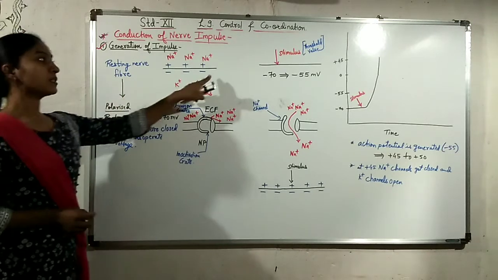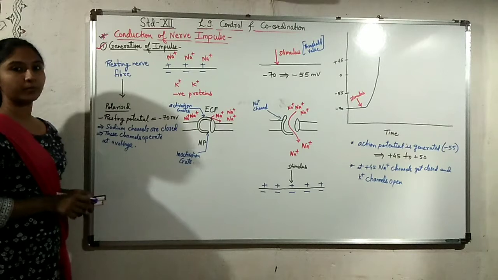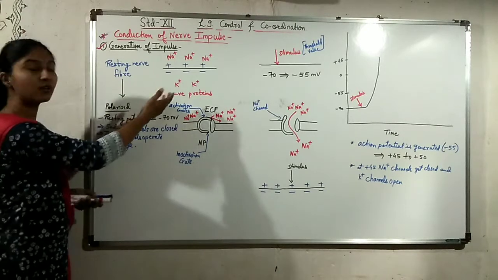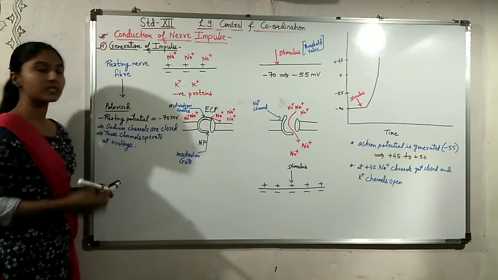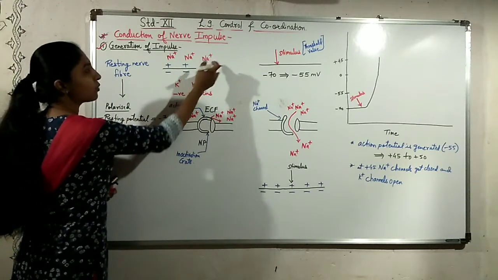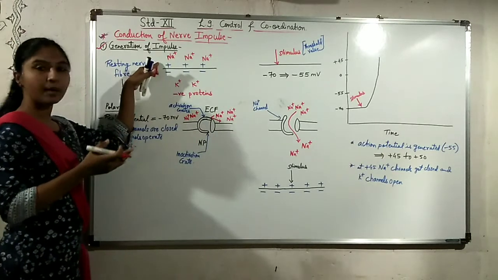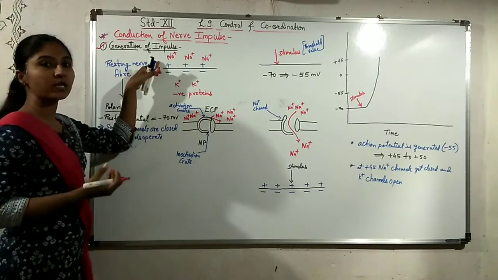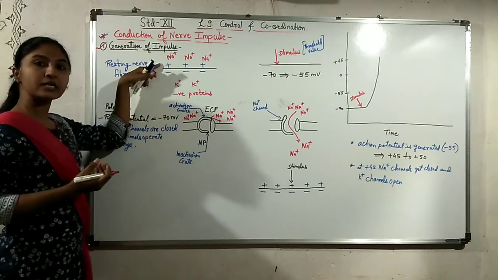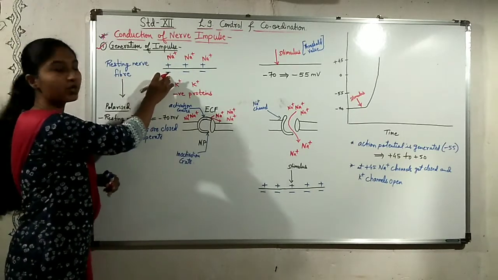When the nerve fiber is in its resting state, we have seen that the outer side of the nervous membrane, or neurolemma, is electropositive and the inner side is electronegative.